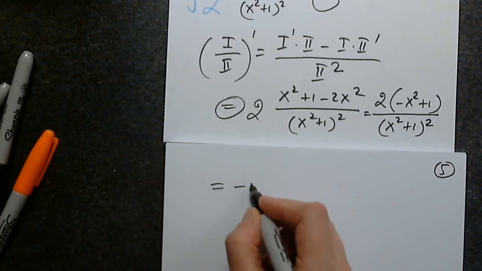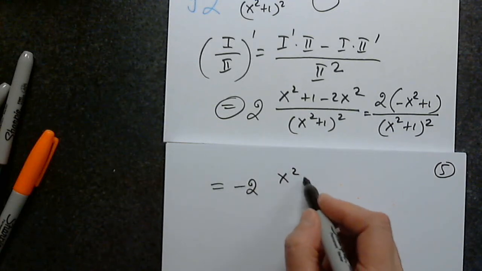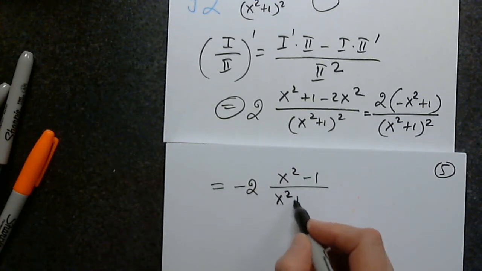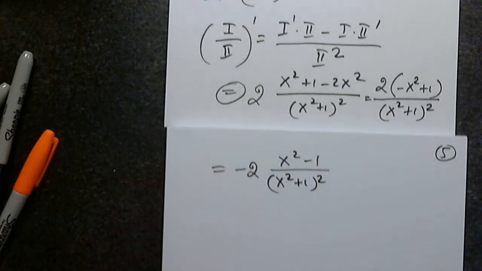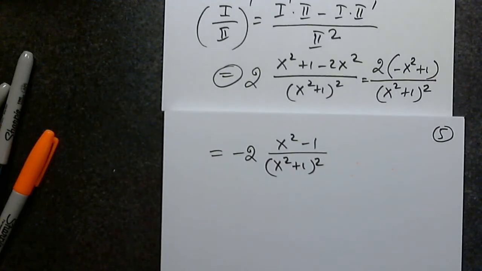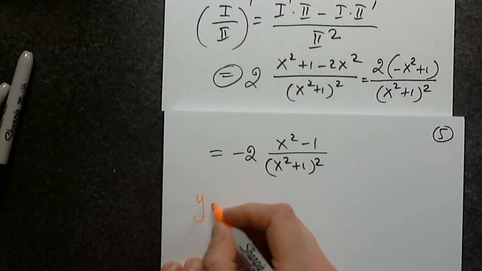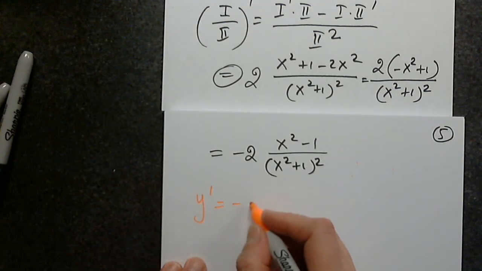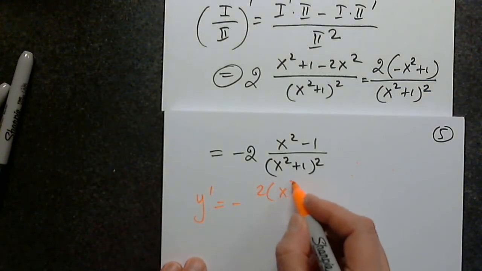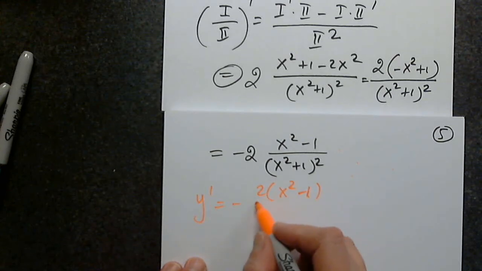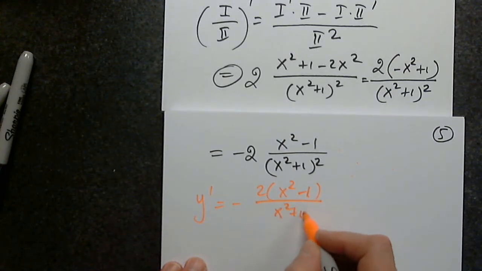So I'm going to write negative 2 times x squared minus 1, over x squared plus 1 squared. So y prime is negative 2 times x squared minus 1, over x squared plus 1 squared.